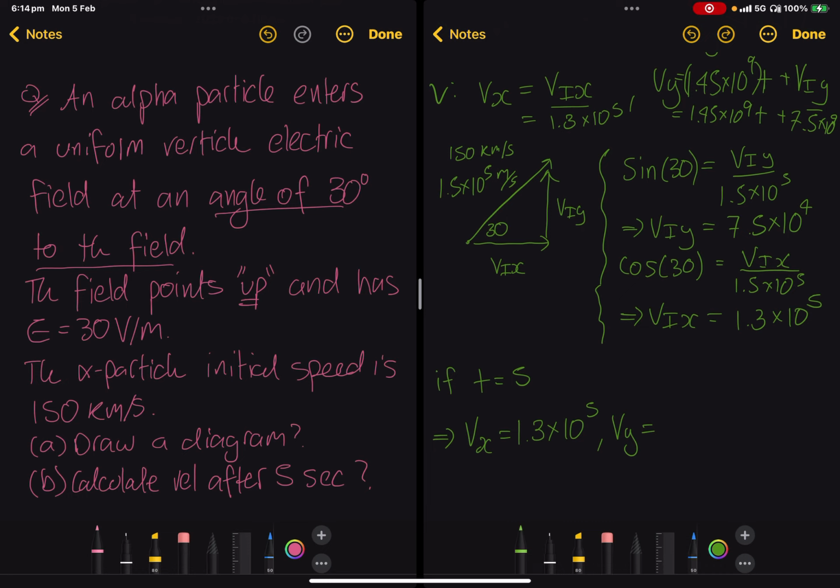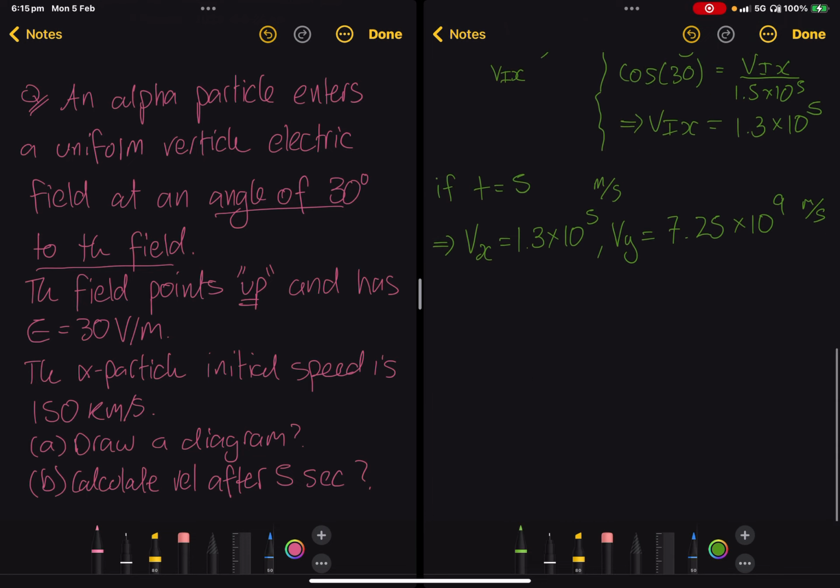This is 7.25 times 10 to the 9. So these are the velocities in terms of meters per second. Very, very gigantic velocities.